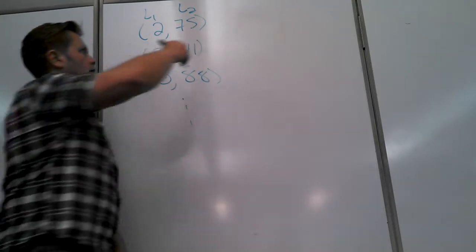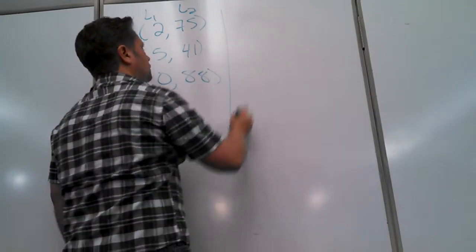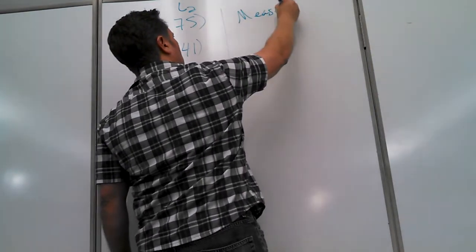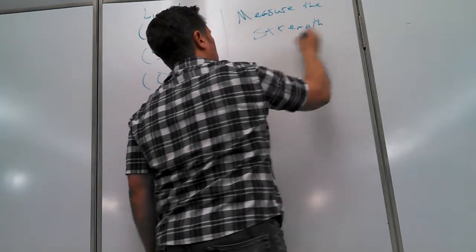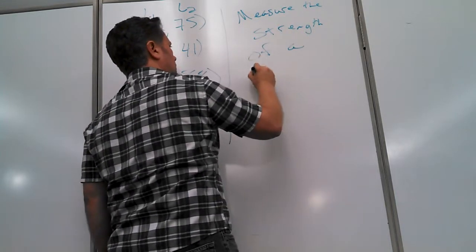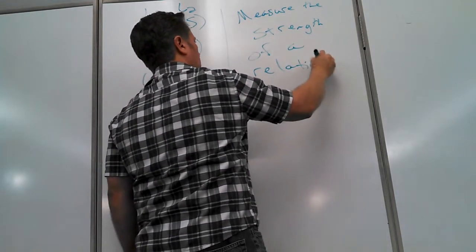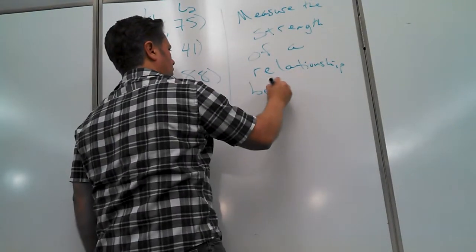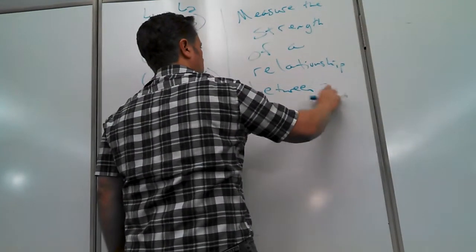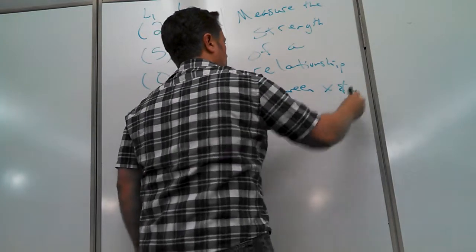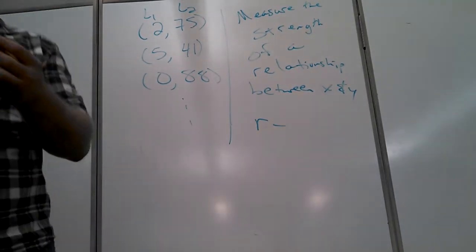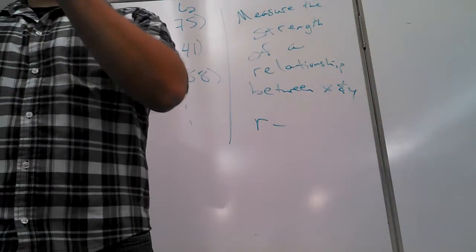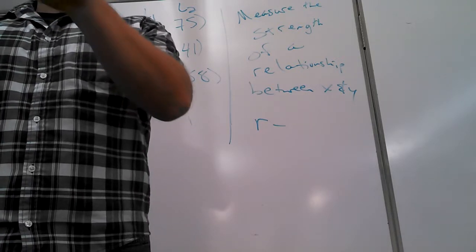So when we try to measure the strength of a relationship between X and Y, what letter do we use to measure that? R. Good. And what's that called? What's the name of that statistic?